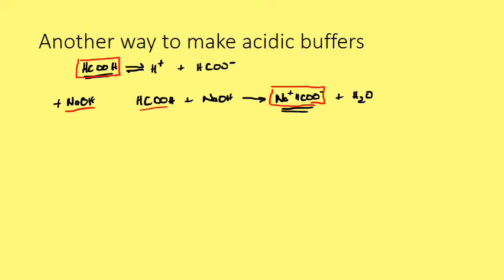So in the equilibrium mixture we have the same as before. We have lots of methanoate ions, because they're the important part of the buffer, and we've got lots of methanoic acid particles still left, because we've not reacted all of them, because we only added a small amount of sodium hydroxide.